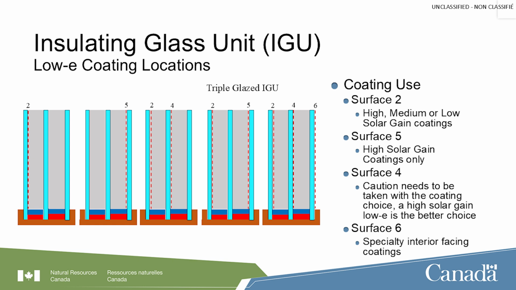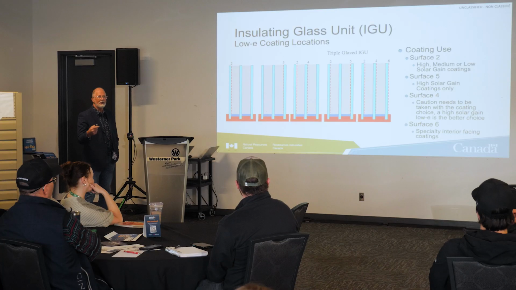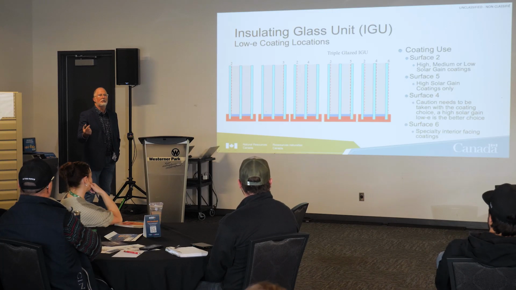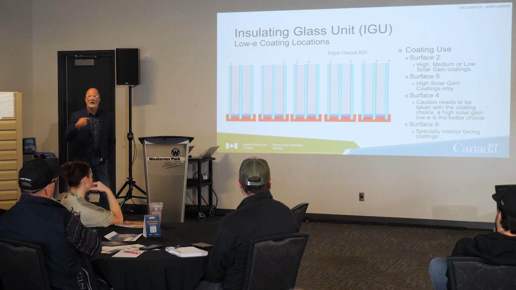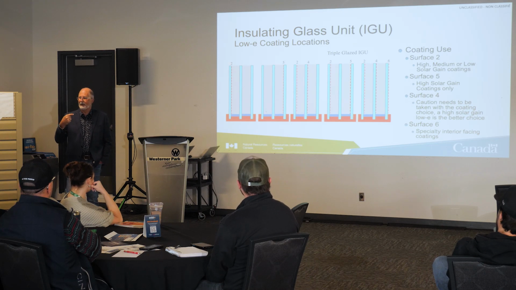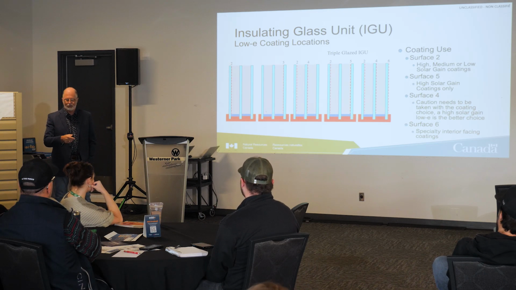And depending on which one you have, that dictates what the solar heat gain of the overall window is. If you go surface 5, you can only do high solar heat gain coatings. So the reason for that is we don't want to create thermal stress. So the window manufacturers look at this and go, how do we prevent from overheating our windows, especially south-facing windows?